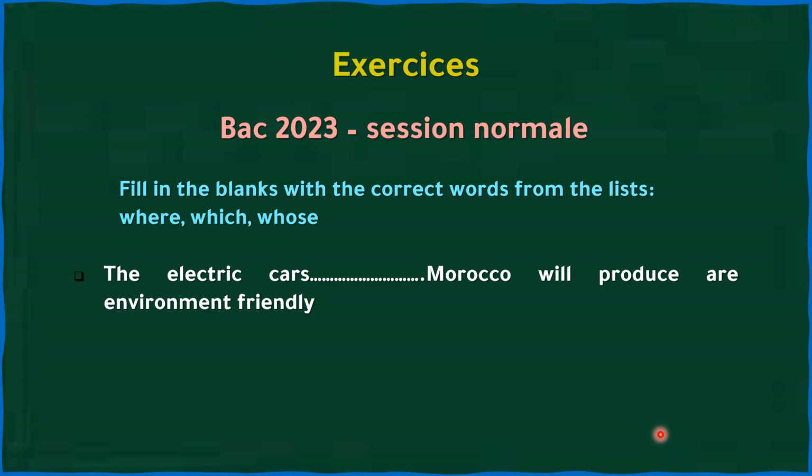Here we have the electric car. What does it refer to? Does it refer to people? No. Does it refer to things? Good. Great. So we can say the electric cars which Morocco will produce are environment friendly.